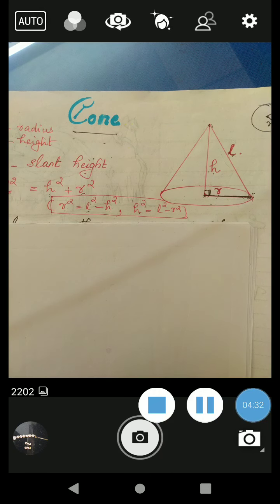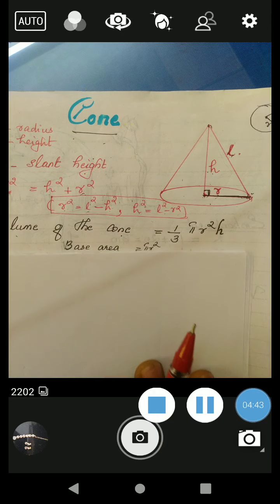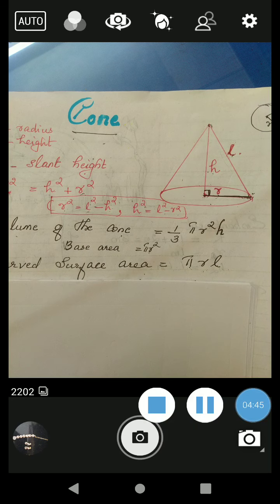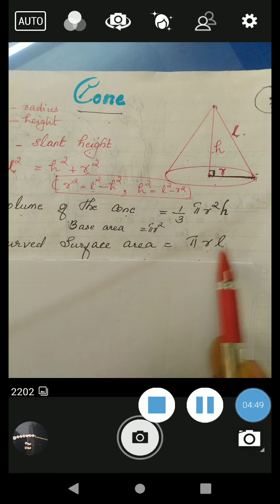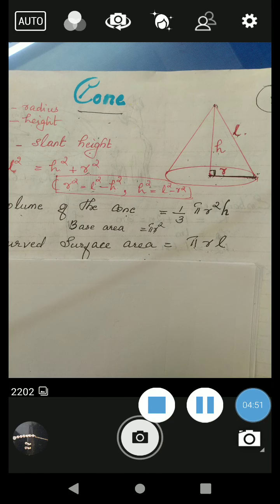The curved surface area is pi r L, that is pi r into slant height.